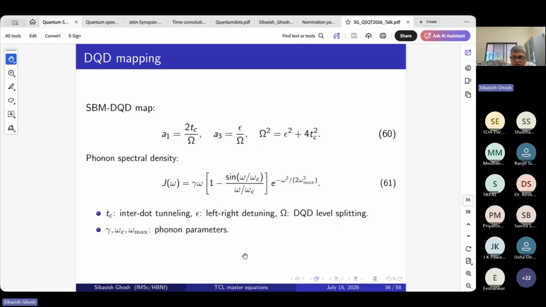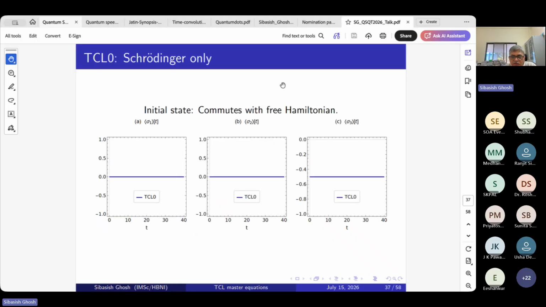So these are the parameters that you take for this double quantum dot when you treat it as a spin boson model. When there is no interaction, you plot the average value of sigma 1, which is sigma x, at time t, and you see that this is 0 because nothing is changing there.